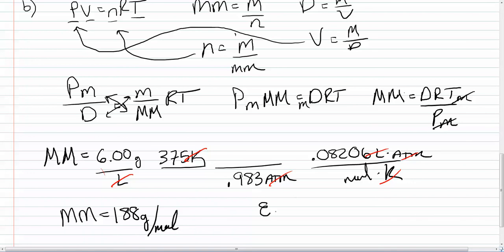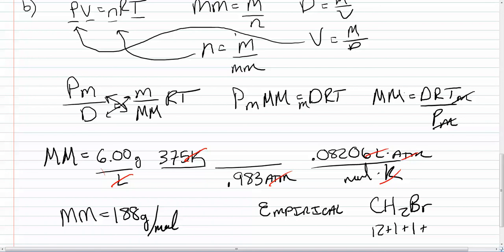Now, if you'll remember back, it said that the empirical formula was, let's make sure we got this right, CH2Br. So we're looking at 12 plus 1 plus 1 plus whatever the mass of Br is.